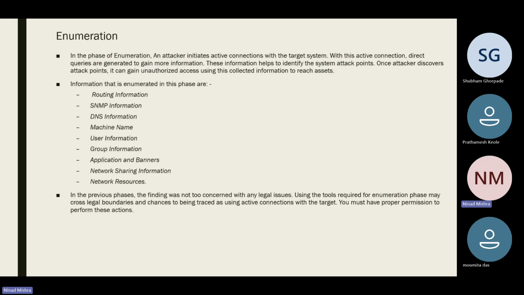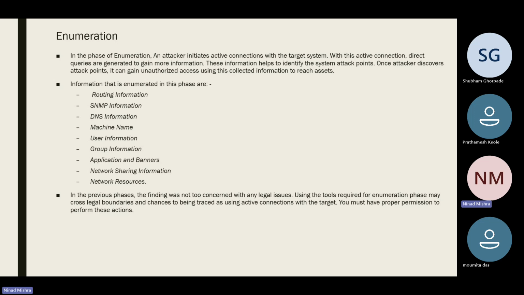So similar to what scanning does, scanning will perform the connecting of different packets, and based on the scanning, it will just try to gain more and more information. Enumeration will also be part of the same thing.